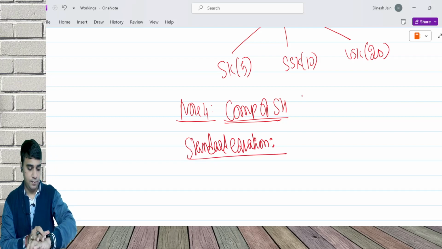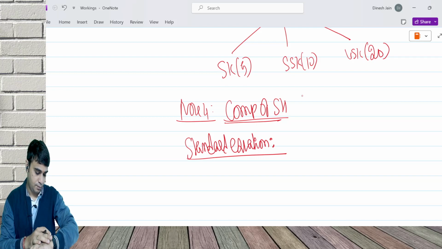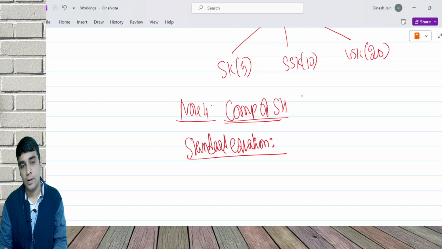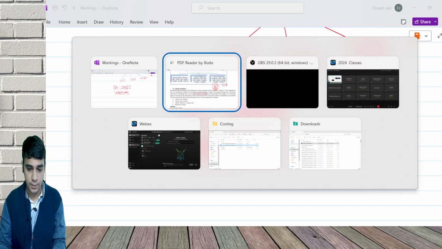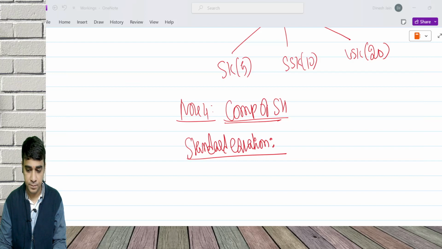Standard equation. What does the equation say?